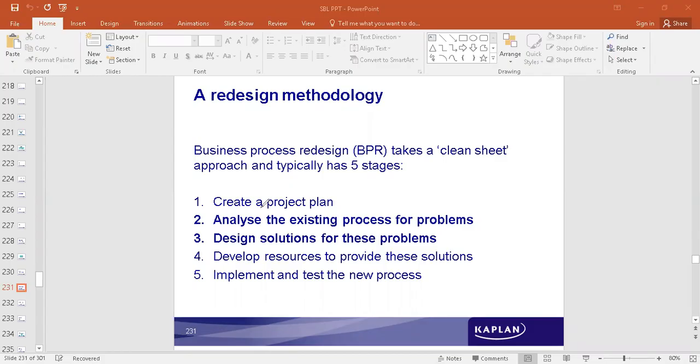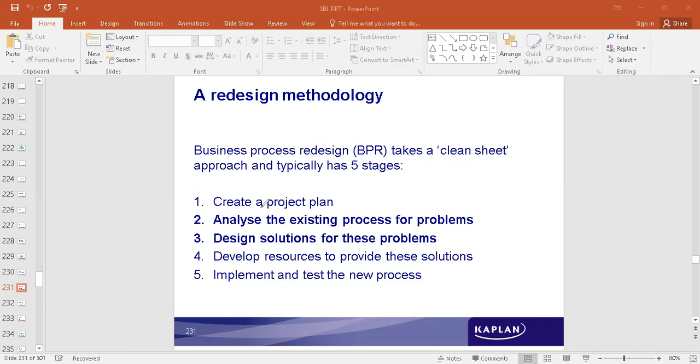So now when business process redesigning, re-engineering has to happen, a project plan has to be first prepared. Analyze what is the problem with the existing system. The existing system may not be able to cater to certain areas, so identify those problems present with the existing system. Design solutions for those problems. Develop resources to provide these solutions. Generally when redesigning happens, they do not straight away design the whole concept and introduce it, but rather they first design the concept.